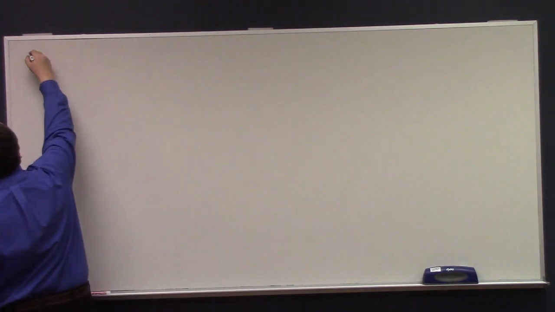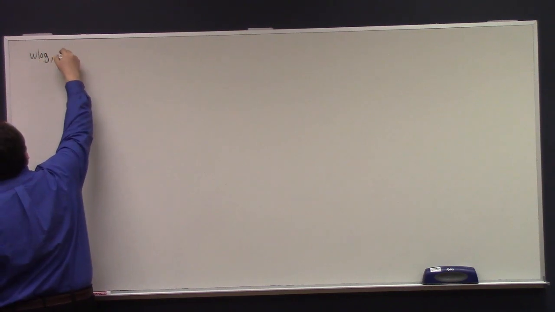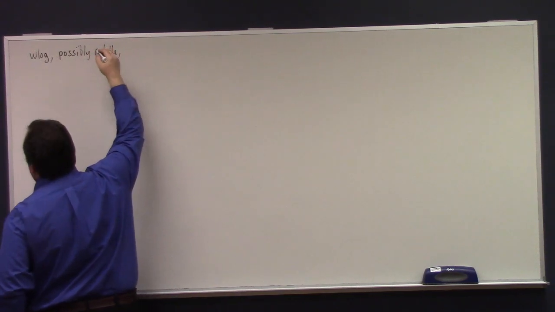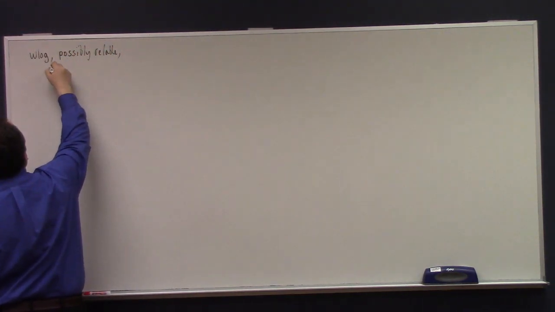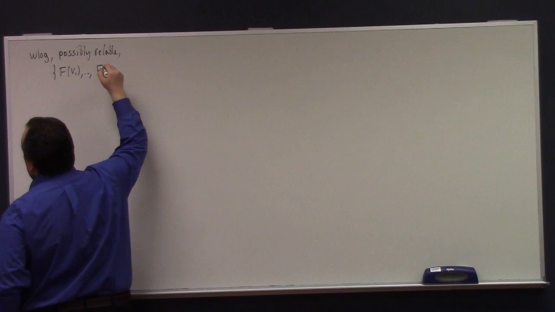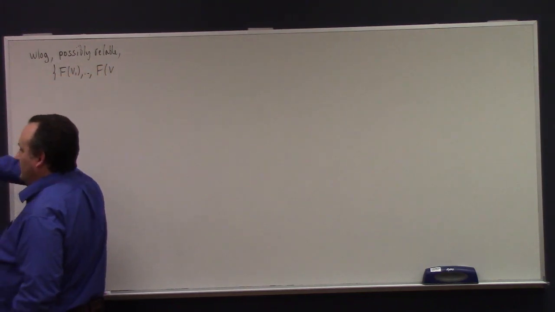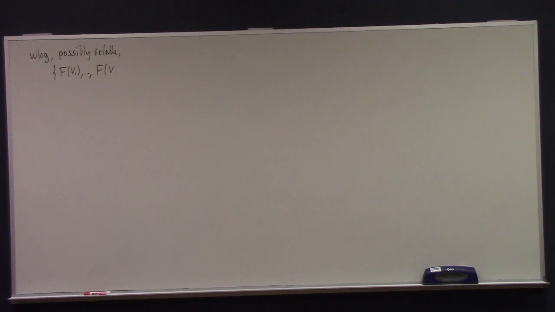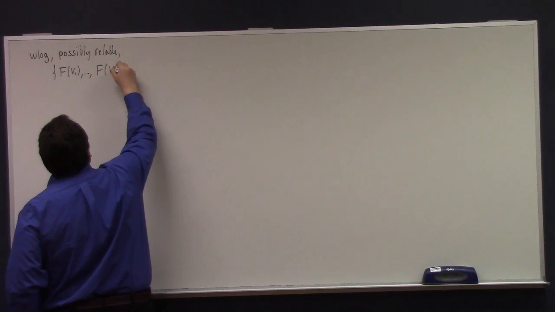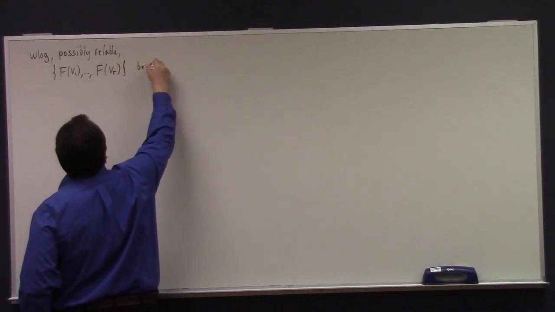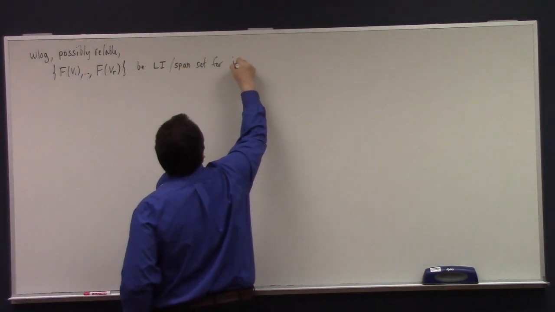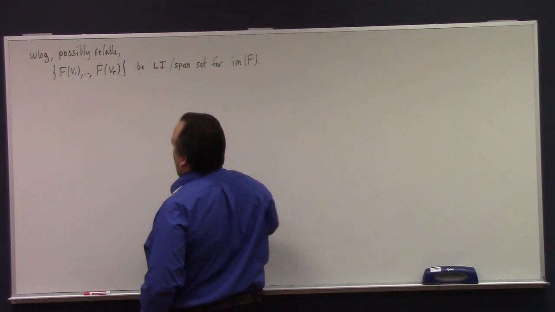Without loss of generality, possibly relabeling, let's call the rank of f the same as in our theorem, r. So let f of v1 through vr be a linearly independent spanning set for the image of f.